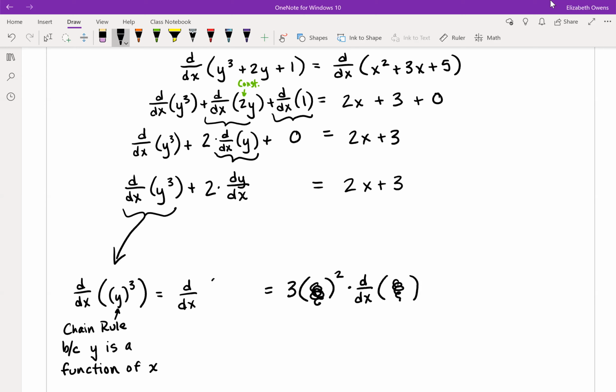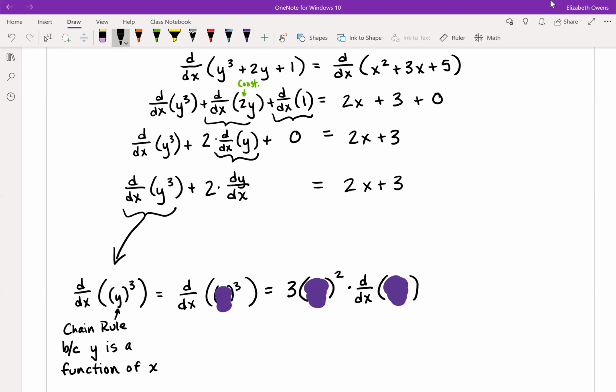Here's the cover up on that y cubed thing. Okay, so we cover up the y, like so. So derivative of purple blob cubed is 3 purple blob squared times the derivative of the purple blob. Highly technical notation there.